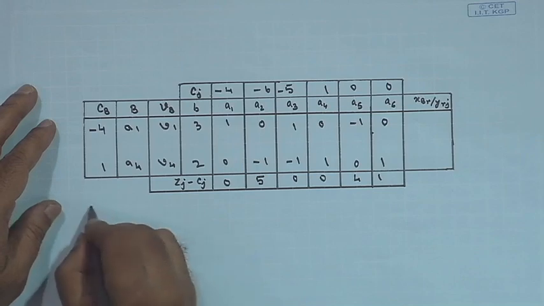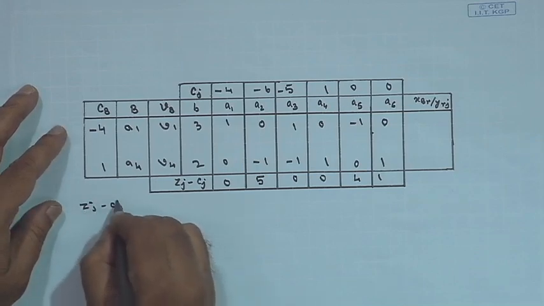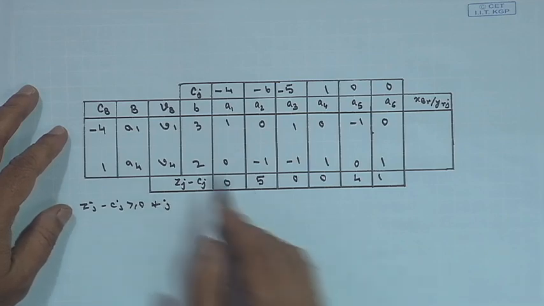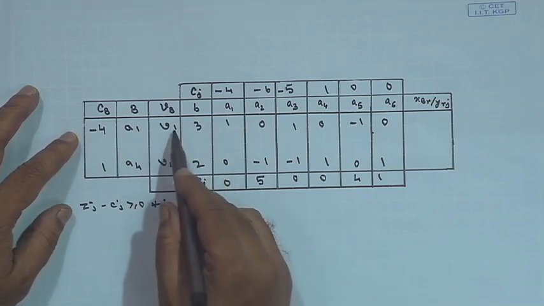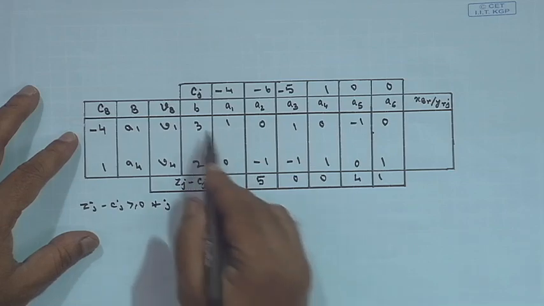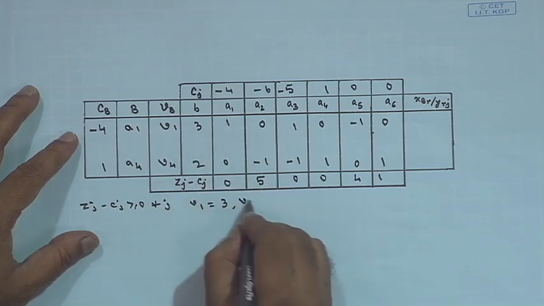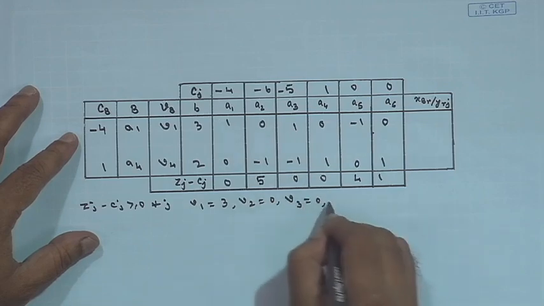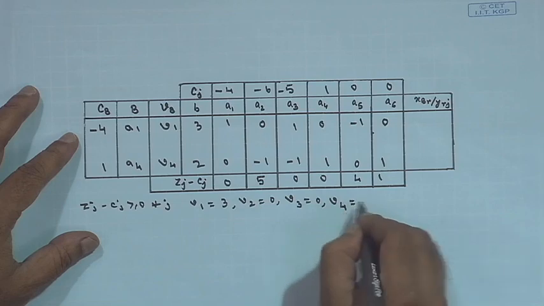So if you see, Zj minus Cj is greater than or equal to 0 for all j. So you have the optimal solution. What is the optimal solution? V1 is present here. So V1 equals 3, V2 is not present, so V2 is 0, V3 is 0 and V4 again is 2.